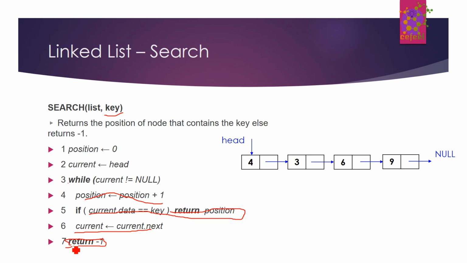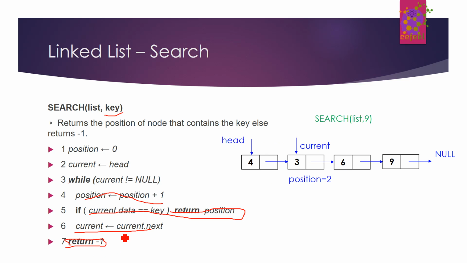Let's now apply this algorithm to the list which we had. Now let's say we want to search for the element 9 in this case. So what we do is we start with position is 0 in step 1, and then we'll make current point to head, and we will go to step 3. We'll check current is not null, due to which position will be incremented to 1, and then we'll compare the data with the key, which means 9 with 4. It won't match, and hence we'll increment again. We'll increment the current pointer.